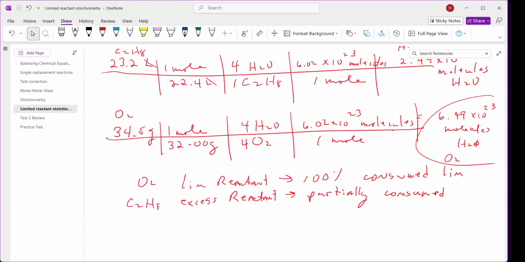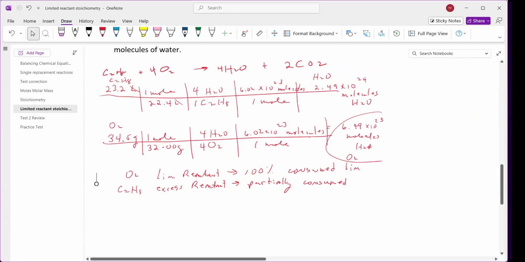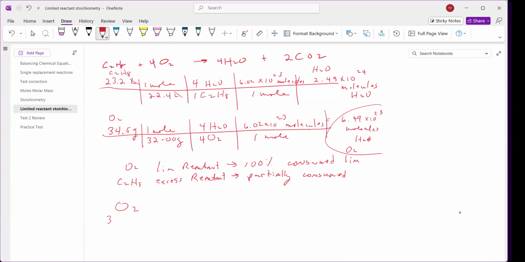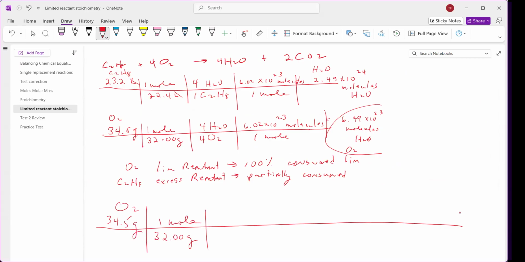Now we need to find out how many molecules of ethane were actually used. So we start with the limiting reactant first, that'd be the oxygen. The excess is going to be the ethane.